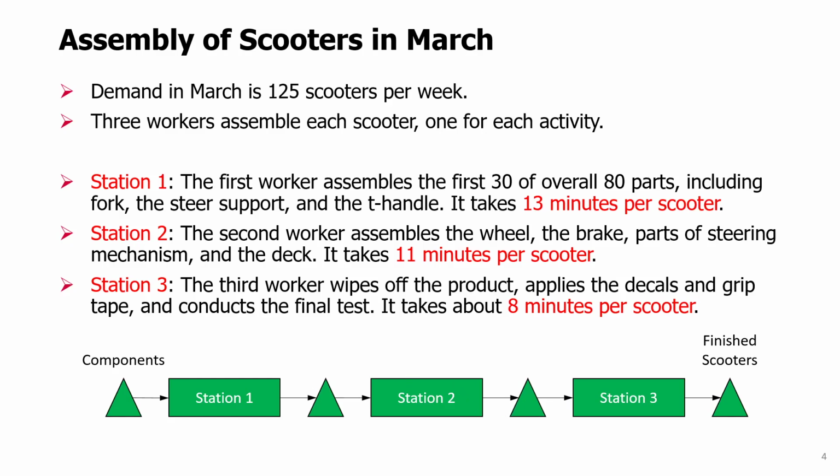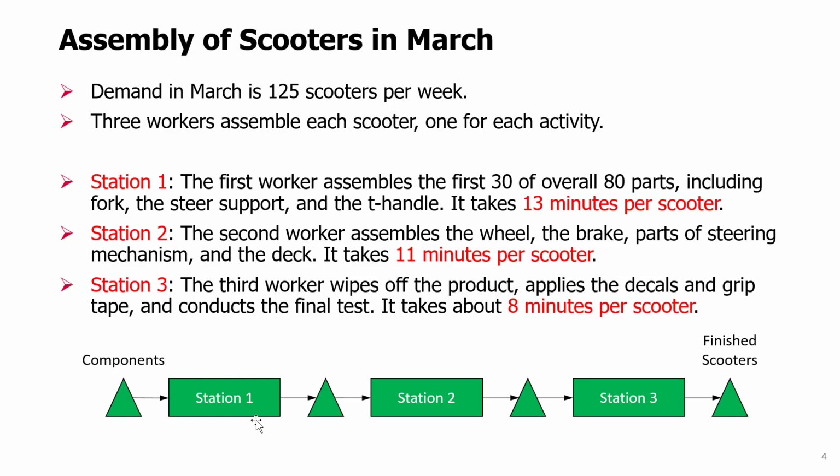And then station 3 will again finish its work after 8 minutes, but then it will have to wait for this completed scooter from station 2, and these will be again arriving 1 scooter every 13 minutes, because station 1 will set the pace. It's the slowest station.